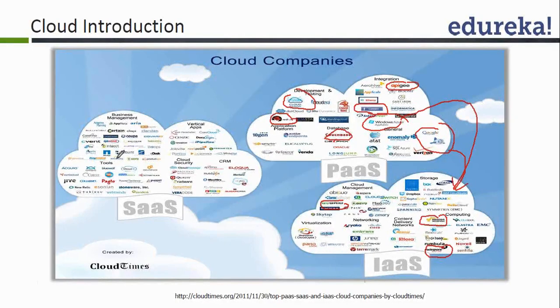In the SaaS model, you can say Gmail and Salesforce and Office 365, and there are so many things here. So these are the popular examples of IaaS, PaaS, and SaaS. Right?